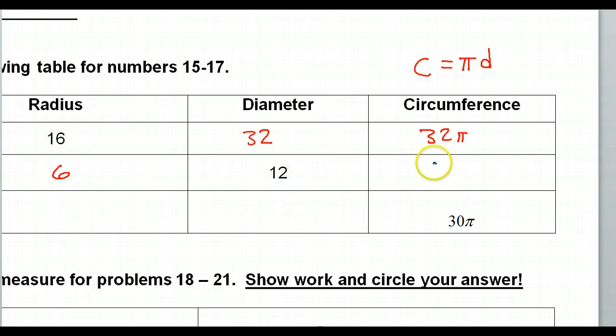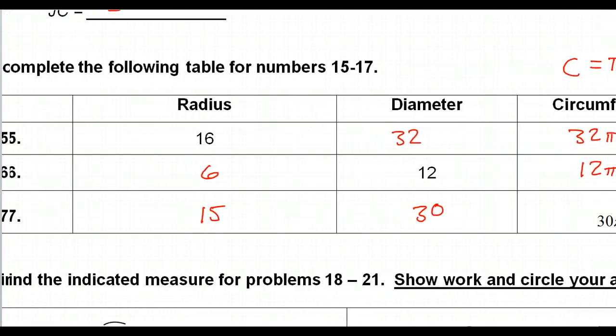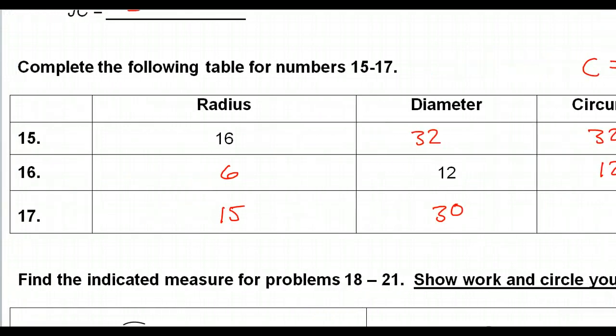If the diameter is 12, then the circumference will simply be 12 pi. Working sort of backwards, if the circumference is 30 pi, that means the diameter must have been 30, which means the radius, half of 30, must be 15. Alright, so that is how you do 15, 16, and 17.